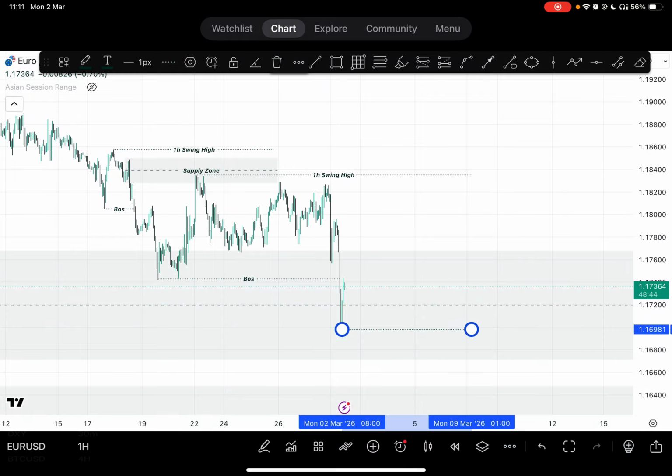Price could start shifting bullish and continue the uptrend. There is still a possibility, which I'm anticipating, that price comes down and takes out this first demand zone, using it as inducement to mitigate the extreme demand zone before we have that bullish move to the upside.